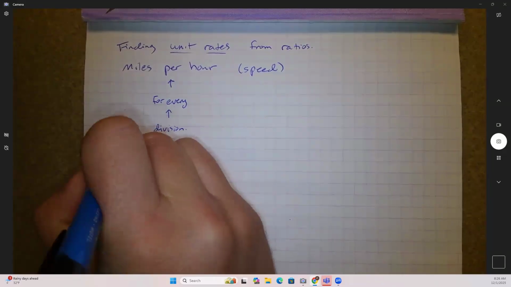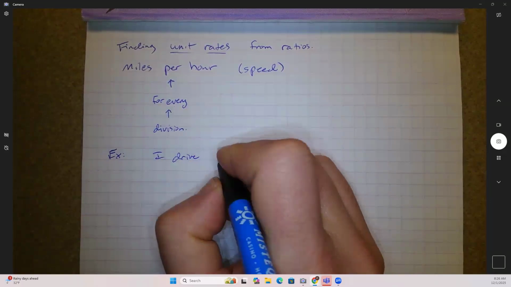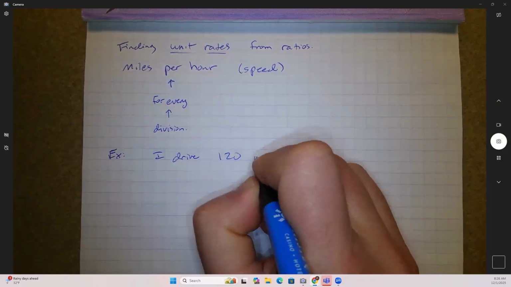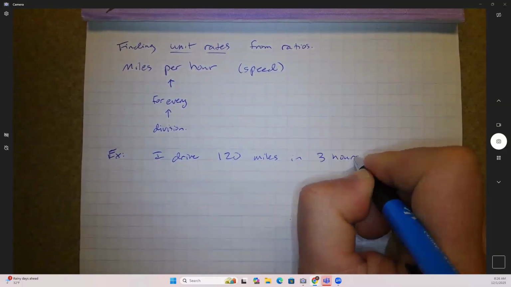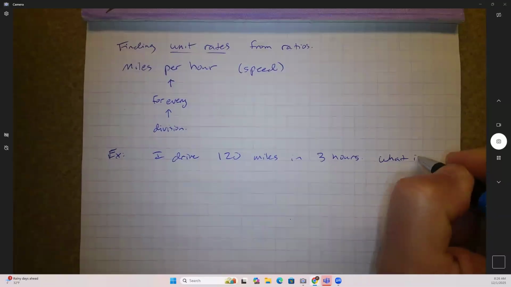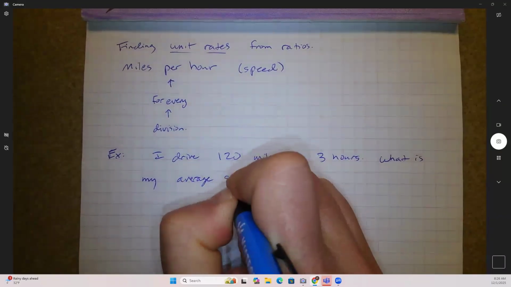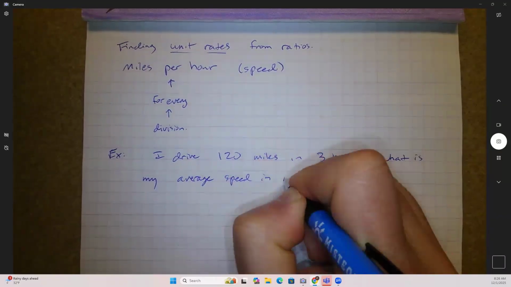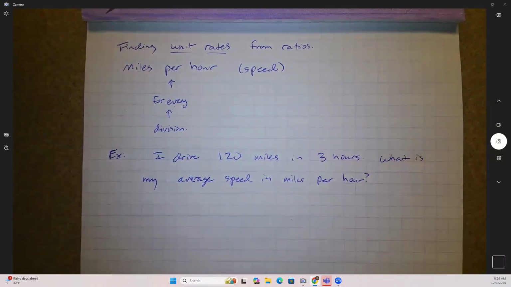So for example, I drive 120 miles in 3 hours. Maybe I stop, maybe I hit traffic. I'm not saying I'm driving at a specific speed, but I could ask, what is my average speed in miles per hour?